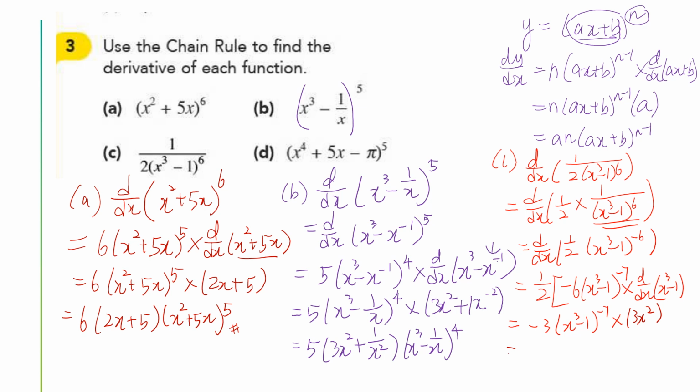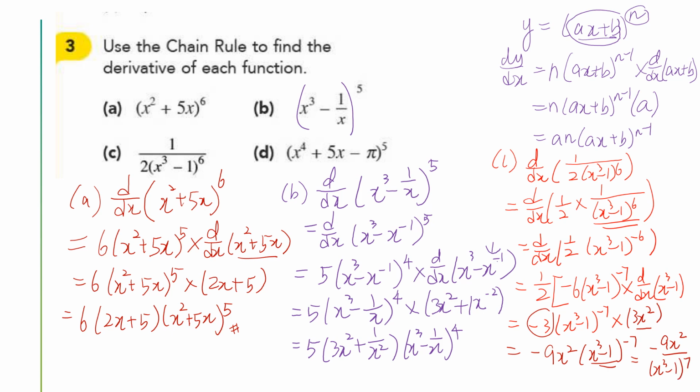So we can take -3 times 3x squared, which gives you -9x squared. And we're going to convert this into a positive index. So that will give us -9x squared over bracket x to the power of 3 minus 1 to the power of 7.